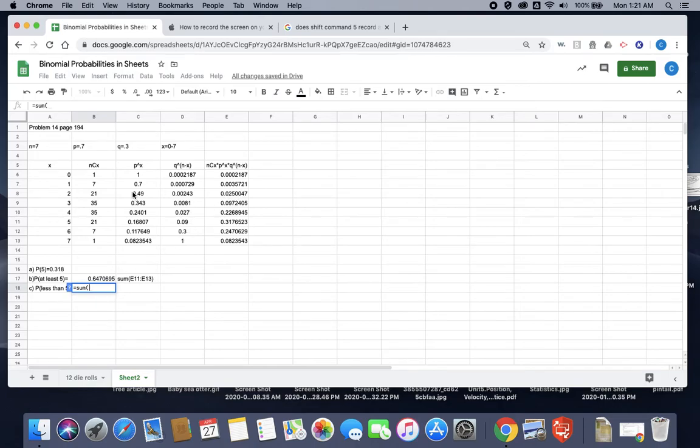We'll come up here, and less than 5 means 0, 1, 2, 3, or 4. So we're going to highlight those, 0, 1, 2, 3, and 4. And now we've got our correct answer for number 14, 0.353, if you round that off to 3 decimal places. So we did the sum of E6 to E10.